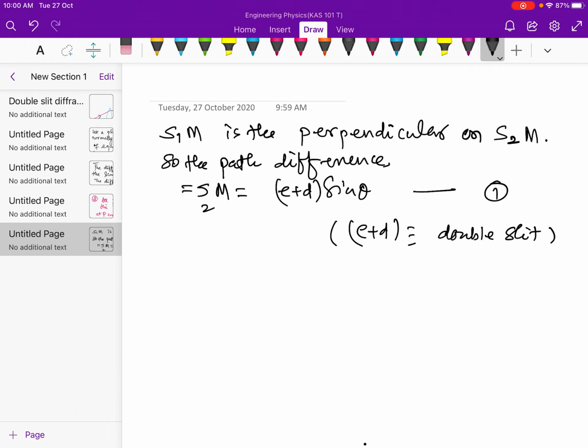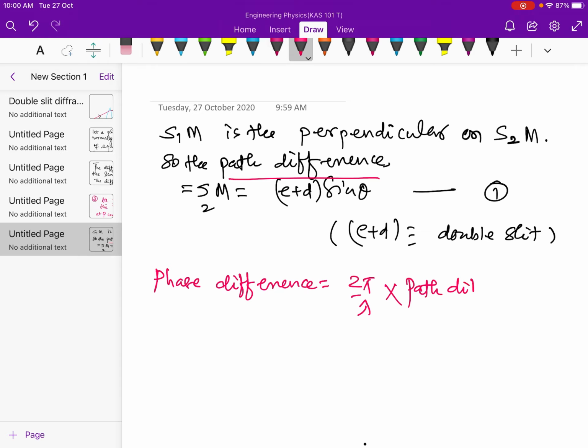This is your path difference. You can derive the phase difference also, because you know phase difference is 2 pi by lambda into path difference.